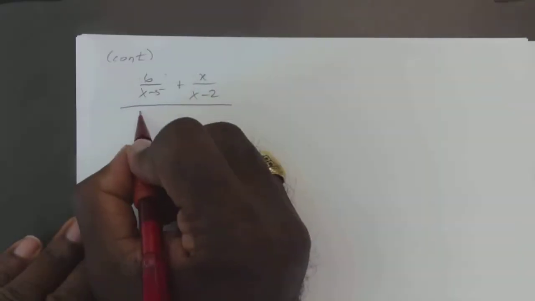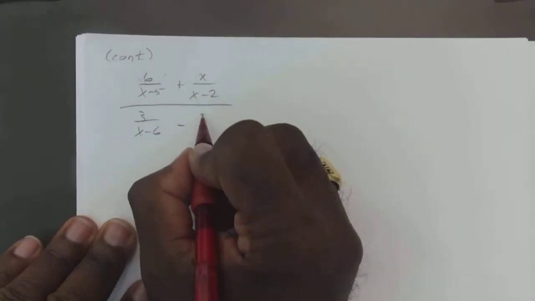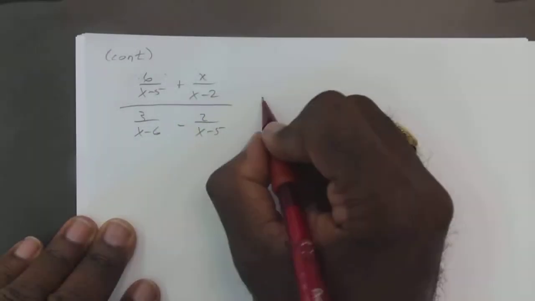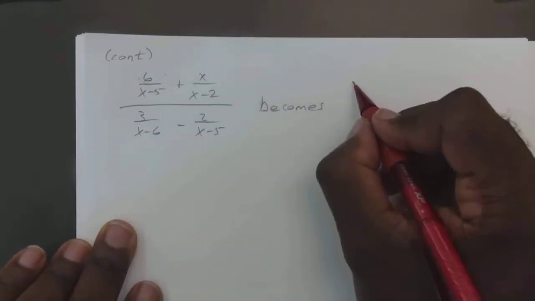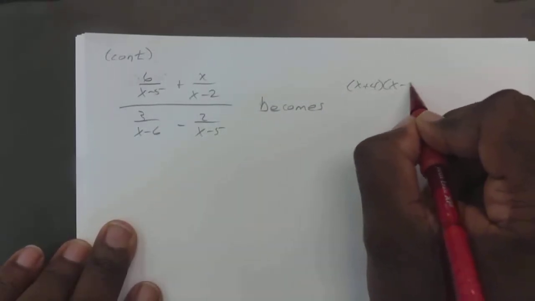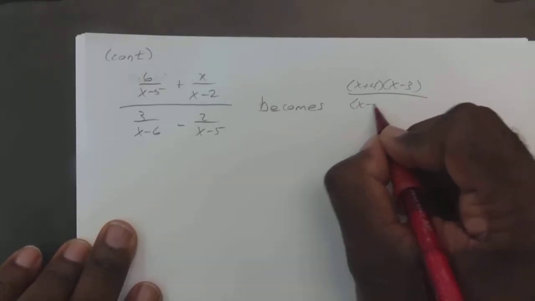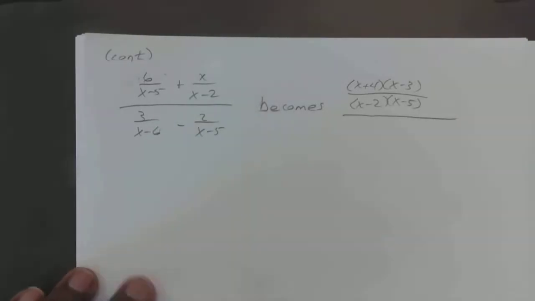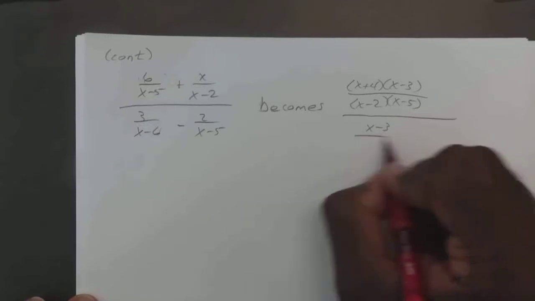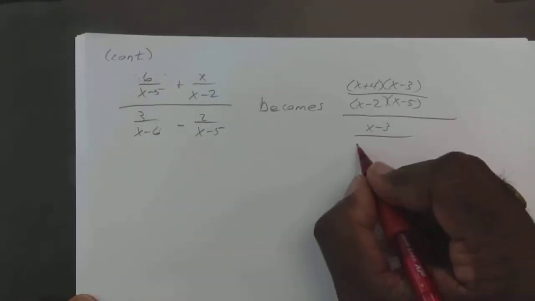So that means our 6 over x minus 5 plus x over x minus 2 divided by 3 over x minus 6 minus 2 over x minus 5 becomes our numerator, which is x plus 4 over x minus 3 divided by x minus 2 over x minus 5, divided by, and we figured out our denominator, x minus 3 over x minus 5 times x minus 6.